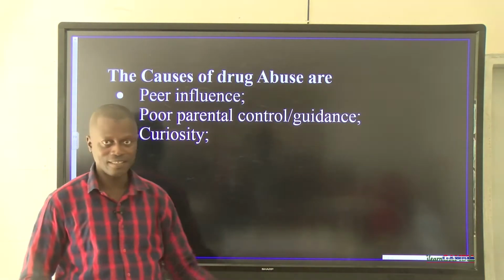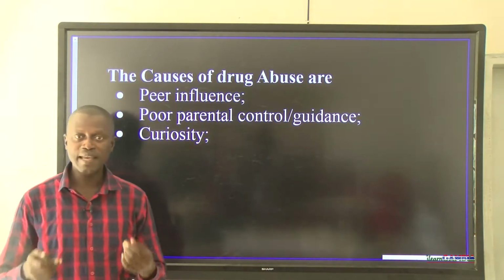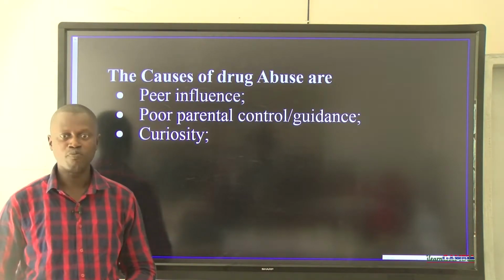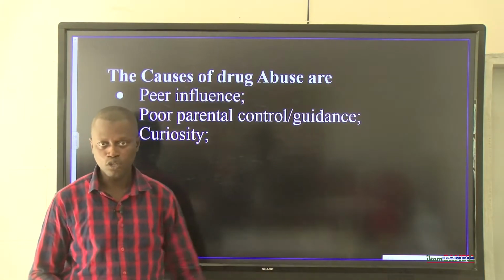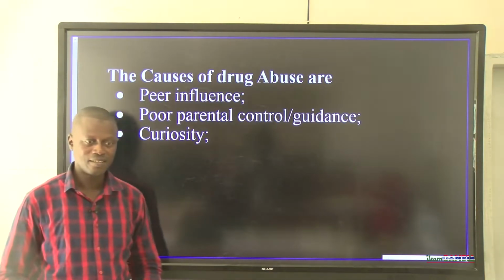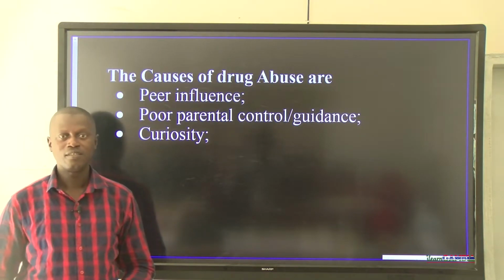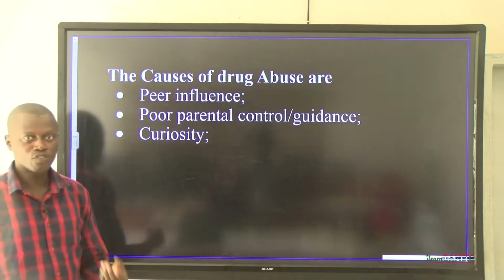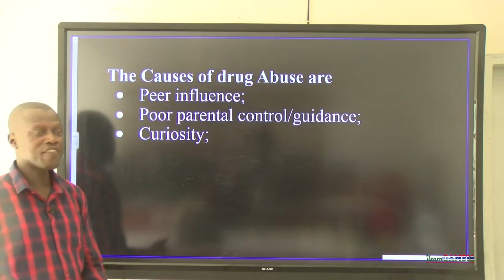And of course, the parents' guidance. As a parent, children need your full support. They should be guided, and part of this guidance goes with advising, sitting with them, narrating important stories, talking about the cultures, the norms, the practices, the do's and don'ts of the family and the society in general.